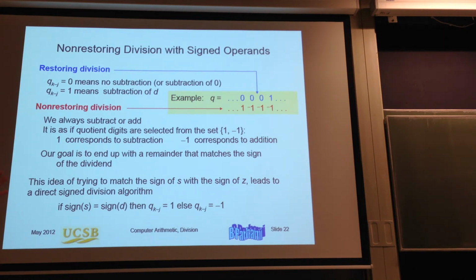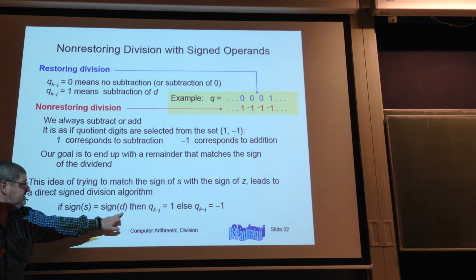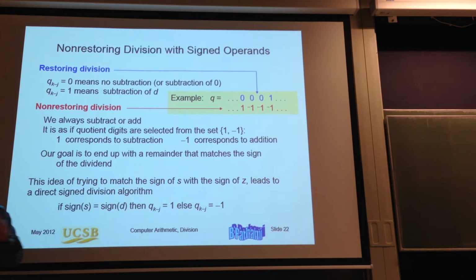Now let us assume I have unsigned numbers. Now let us assume that I have signed numbers. I will use the same alternation between adding or subtracting, but my rule will be different. I will make a guess on the quotient by comparing the sign of S and the sign of D. While I'm doing the division, I am trying to make those equal.